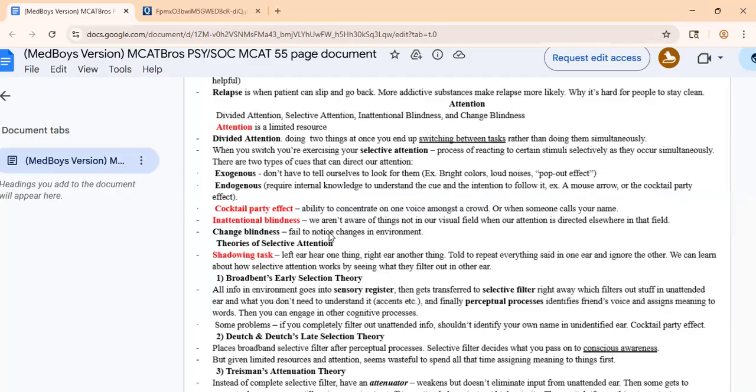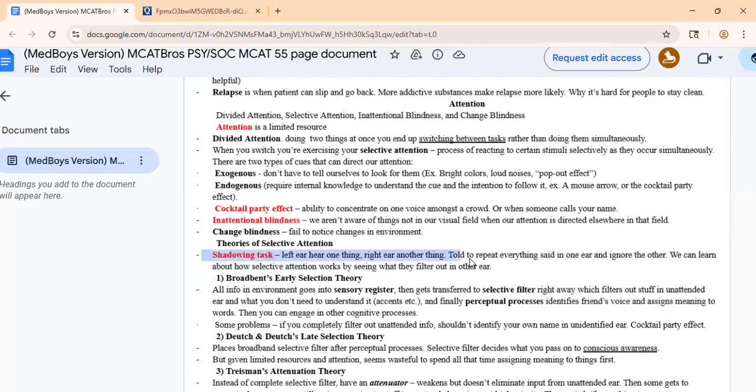So you're unintentionally blind. And change blindness is failing to notice a change in the environment. Like if I give you a picture of a globe with no water bottle next to it, and then I give you the picture again with a water bottle in it, and you are unable to notice it, that's change blindness. You fail to notice the change in that picture.